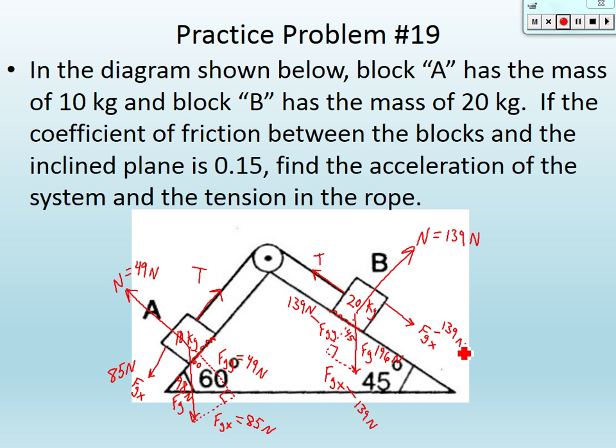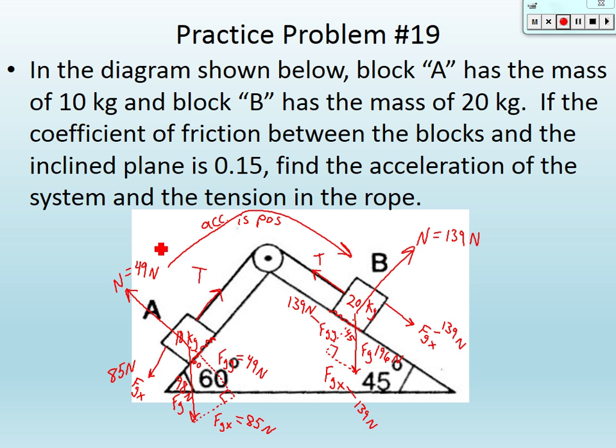And that tells us which way the system's going to go, right? Which way is it going to go, guys? Yeah, this one's so much greater. This system is going to come up on the left side, and it's going to come down on the right side. So I always put acceleration is positive when it moves that way.